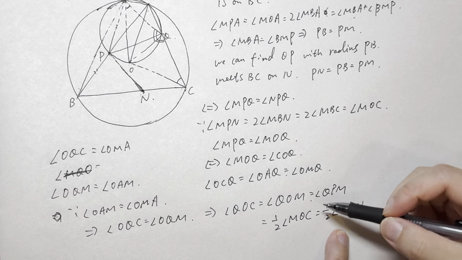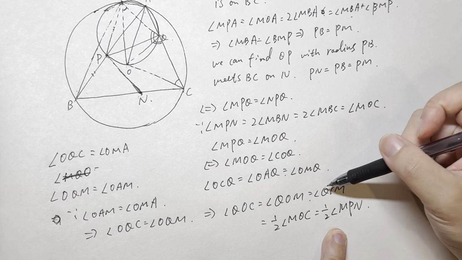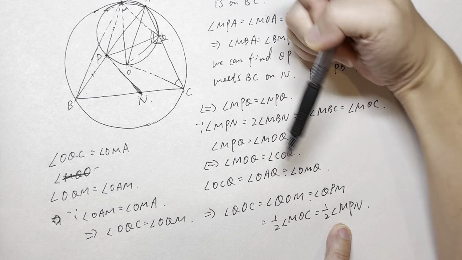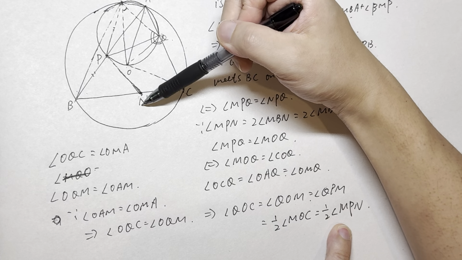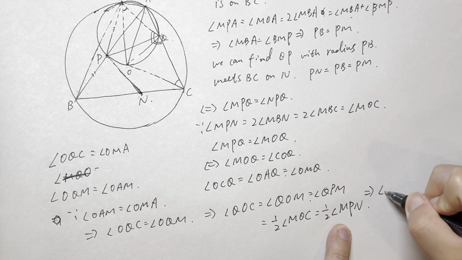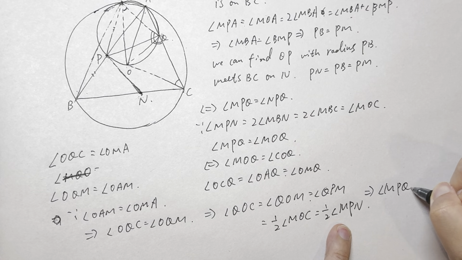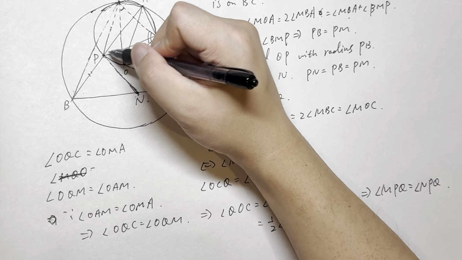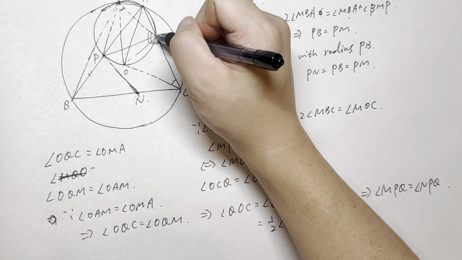Right? Which means we get that angle QPM is half of angle MPN, which means angle MPQ equals to angle NPQ.